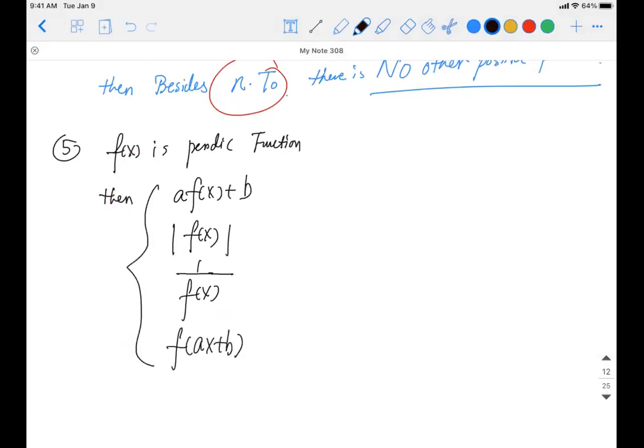All those functions are periodic functions. Okay, so far so good. This is also understandable, right? If f(x) is periodic, then if you want to take some reciprocal, linear combination, or even do some composed function, you don't really change the periodicity. So periodicity is a relatively very stable property for a function.